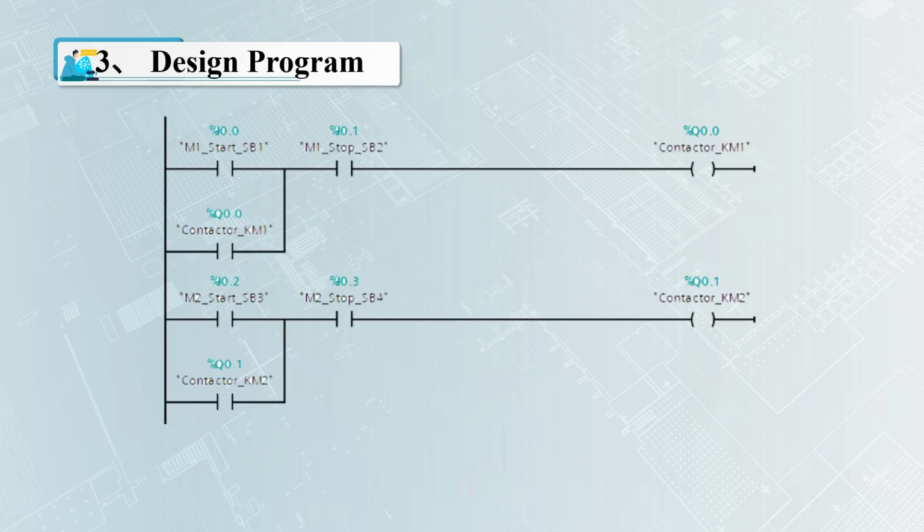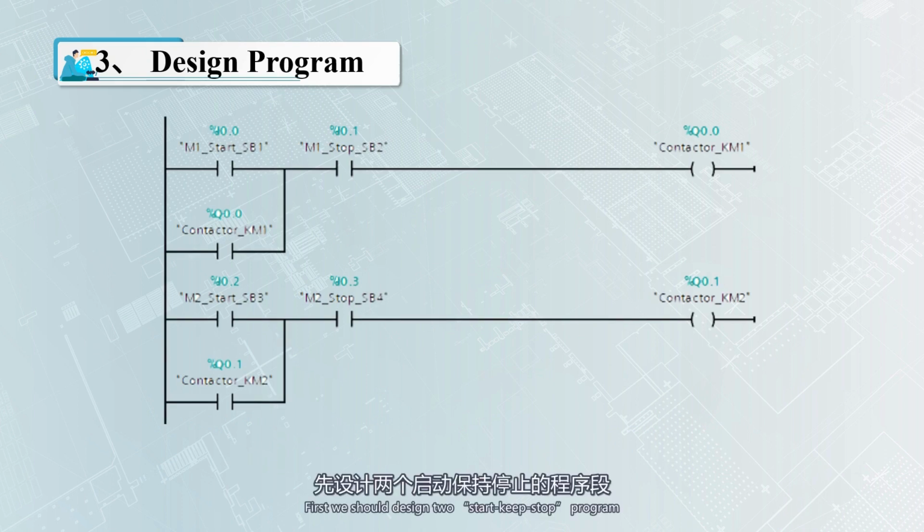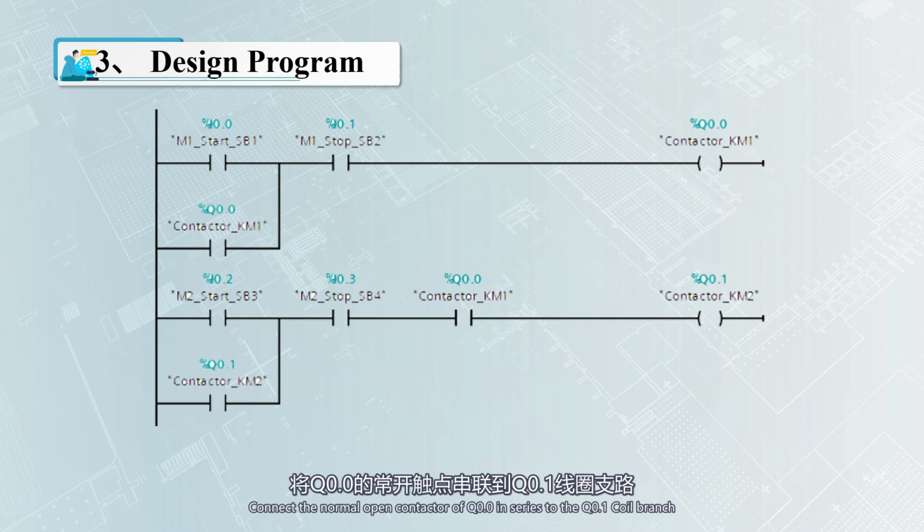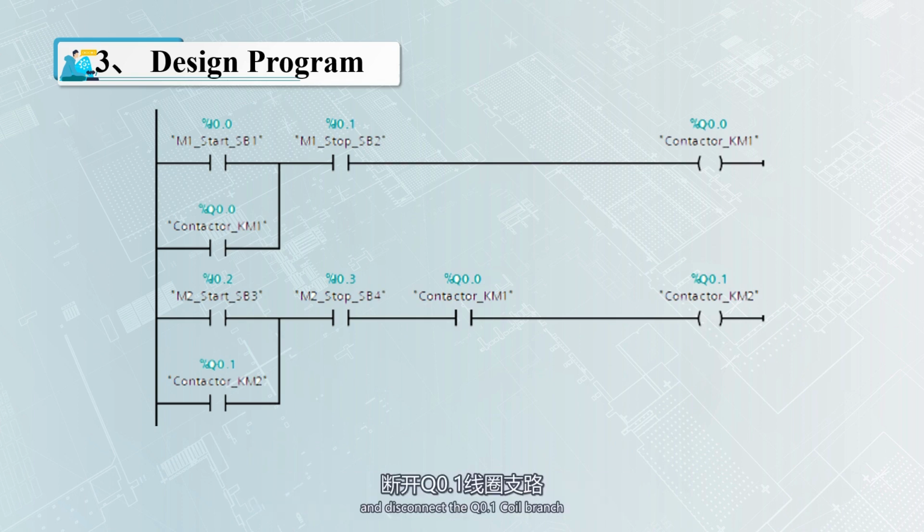Design the program. First, we should design two start-hold-stop programs to achieve one-way continuous operation with M1 and M2. M2 will not start until M1 starts. Connect the normally open contact of Q0.0 in series to the Q0.1 coil branch. Only when Q0.0 is connected can Q0.1 be connected.